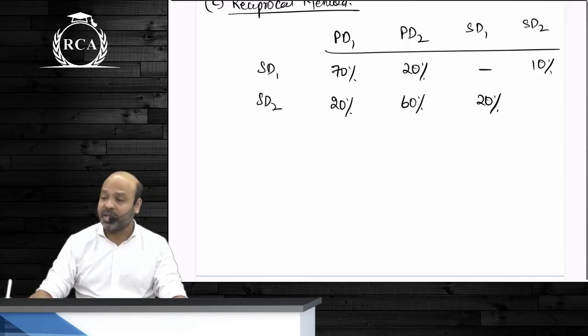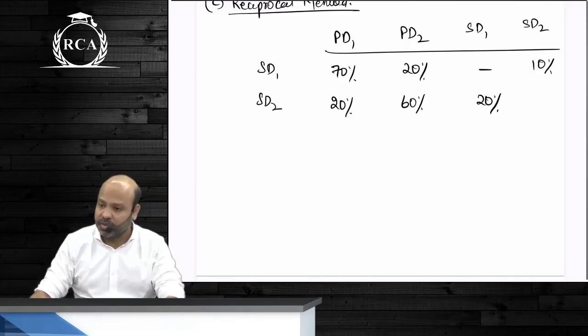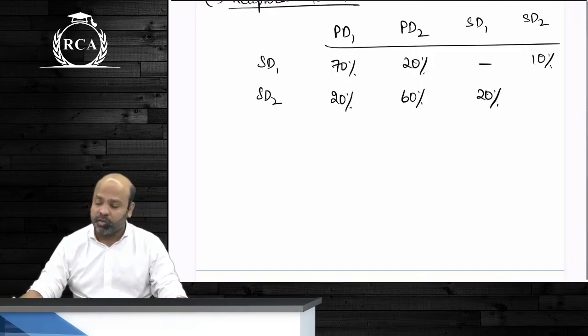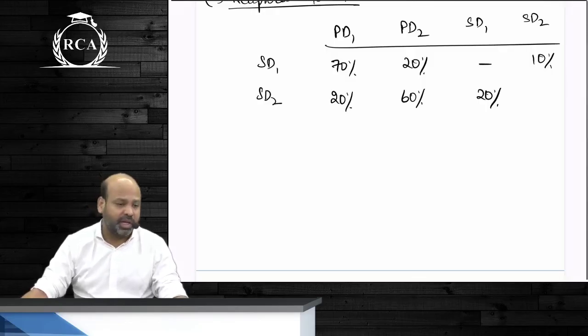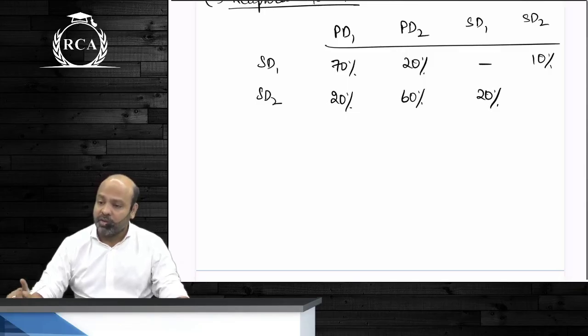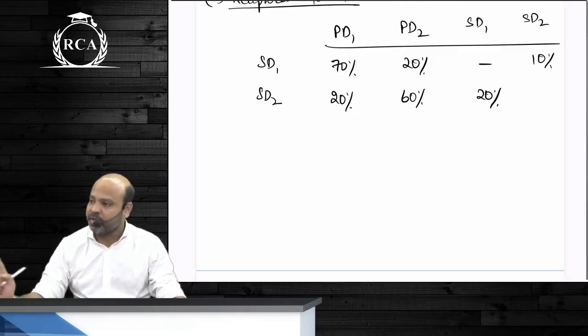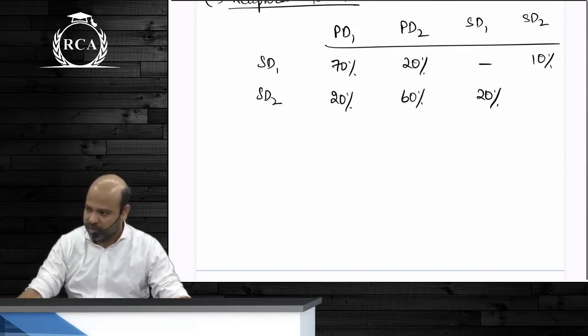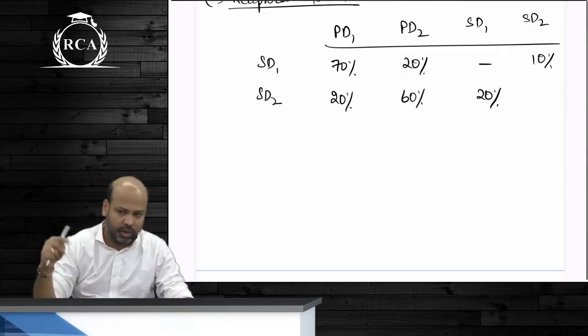अभी first method क्या इसके नीचे? Repeated redistribution. The name itself suggests better that you will have to continue to redistribute till the amount reduces, guys, practically to 10 rupees or 1 rupees to a negligible amount. Sometimes they will specify how many cycles are we supposed to reapportion first. One cycle beta is all service departments being reapportioned once. जैसे यहाँ पे there are two service departments, so one cycle will be two reapportionments, SD1 reapportionment, SD2 reapportionment.